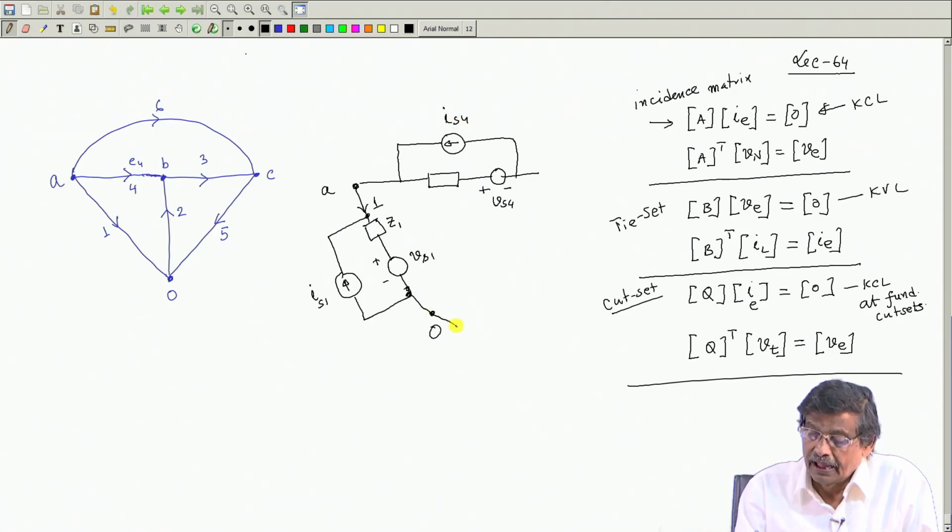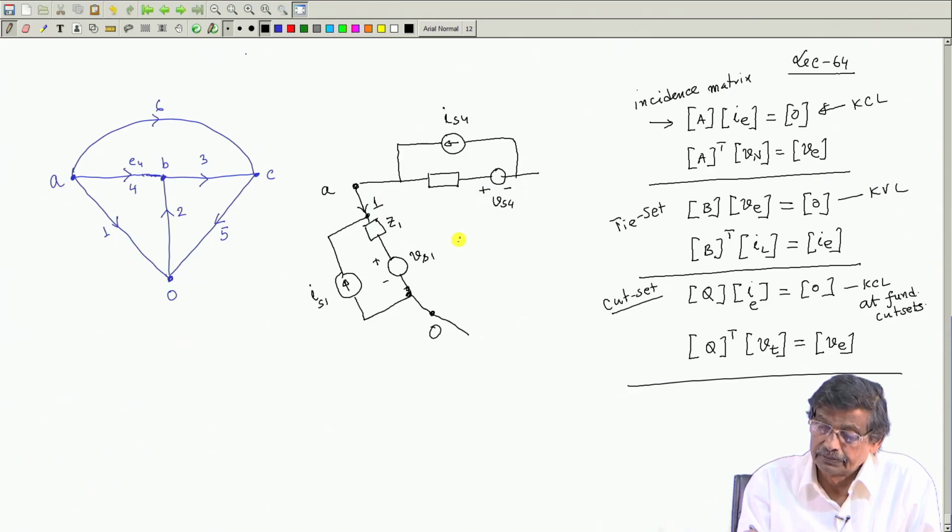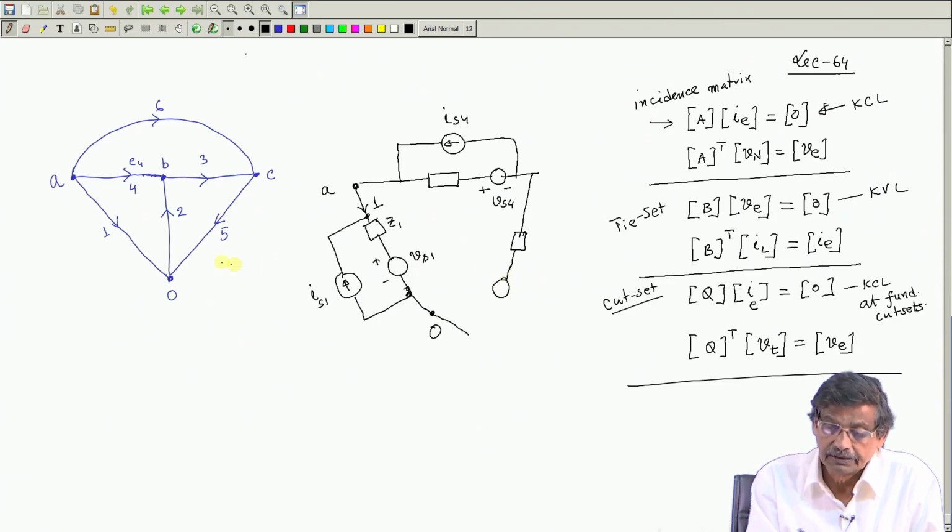Got the point? Similarly, this branch should also have a voltage source. The arrow is given this way.